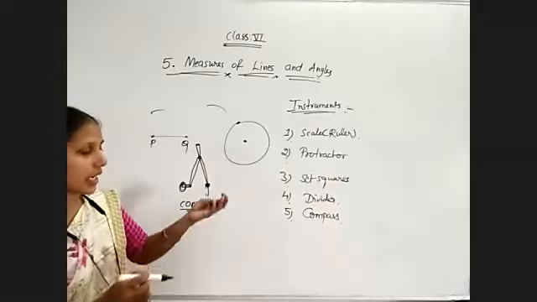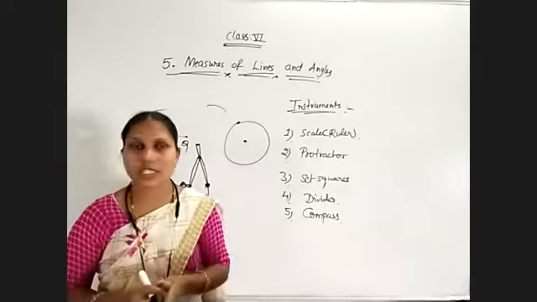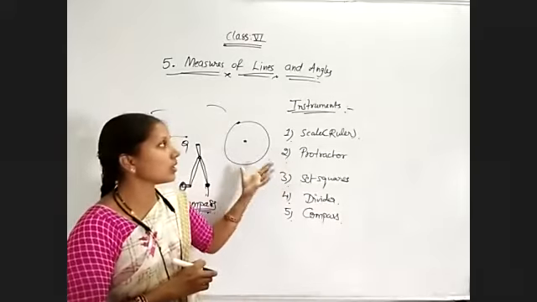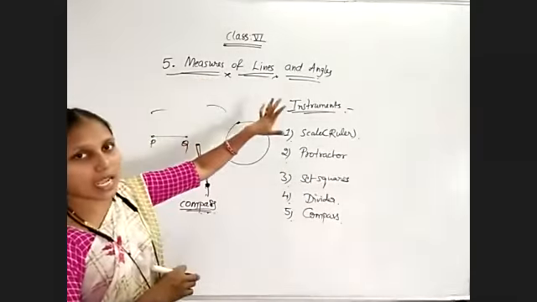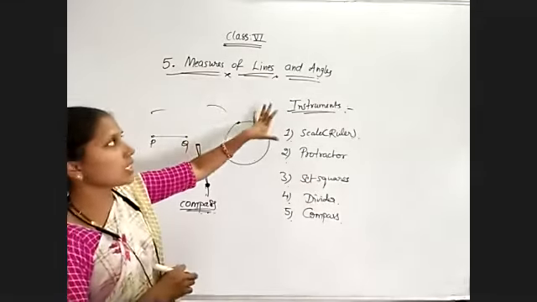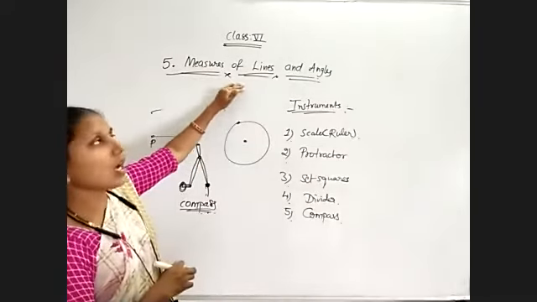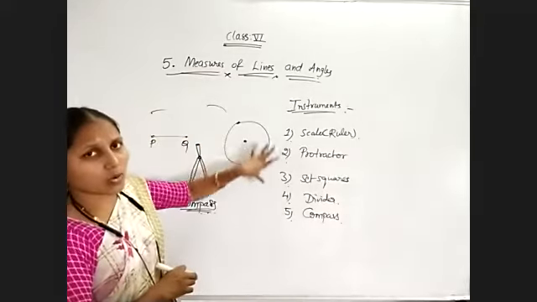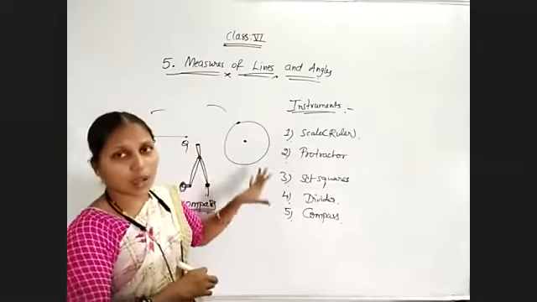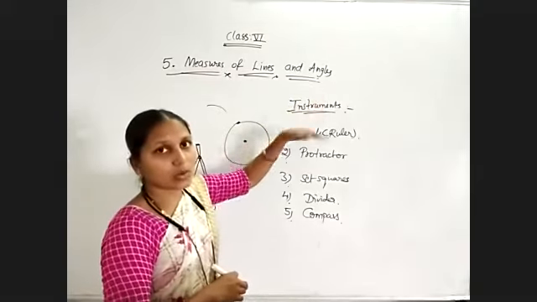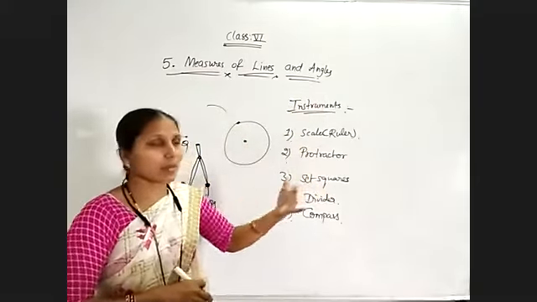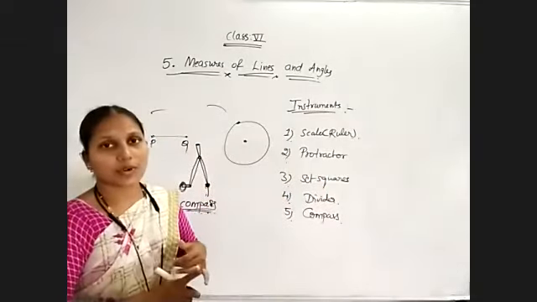These are the different types of geometrical instruments we use in the construction of measures of lines and angles. Measures of lines and angles means here we are going to learn how to measure the line segment, how to construct the line segment, and how to compare line segments.